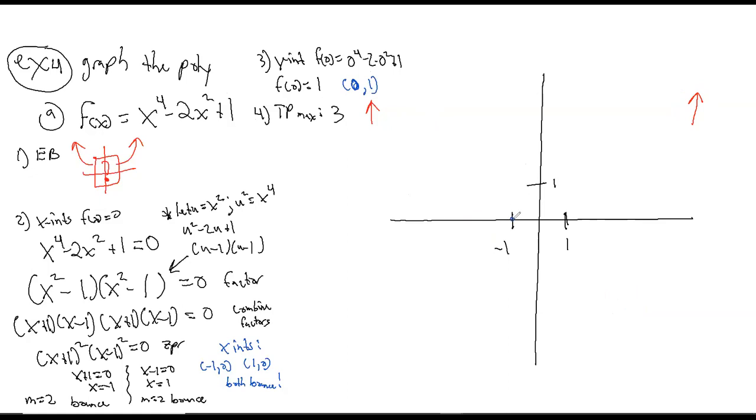So we have points here, here, and here. Let me label my axes. This is all we need, plus the multiplicities, in order to graph this. We need the end behavior, we need all of these intercepts, and the multiplicities, and we can make this shape perfect.